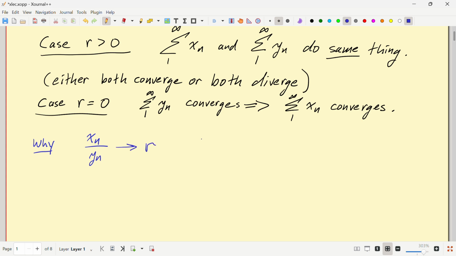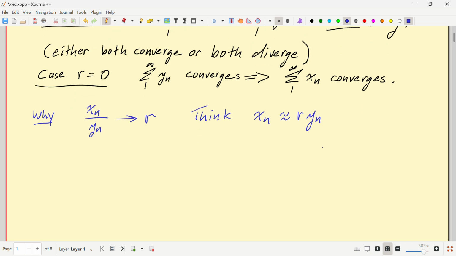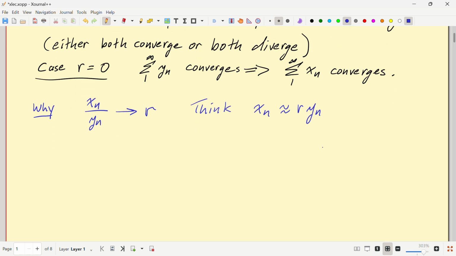Which is going to let me think that xn looks like r times yn. So if r is positive, that's going to mean that the tail ends are comparable by a ratio. The problem is that's a limit. And so if I want to estimate these things, I have to give them some slack. And here's the way to do that.